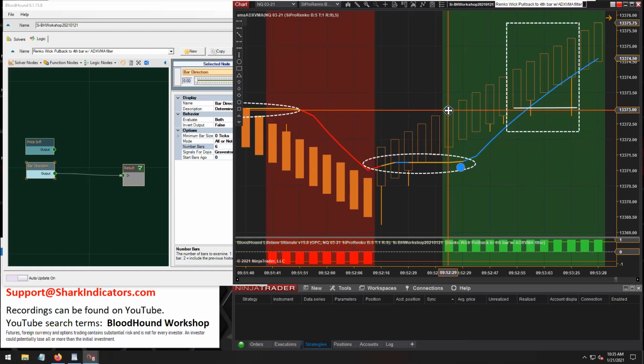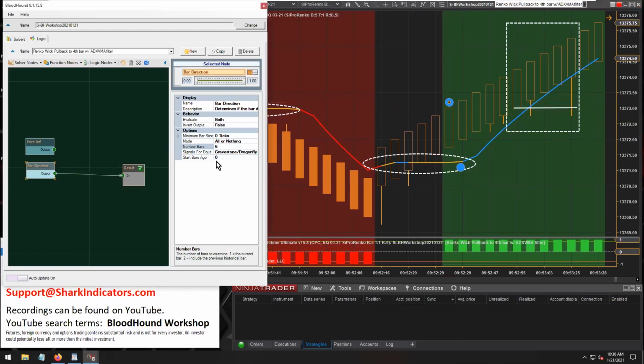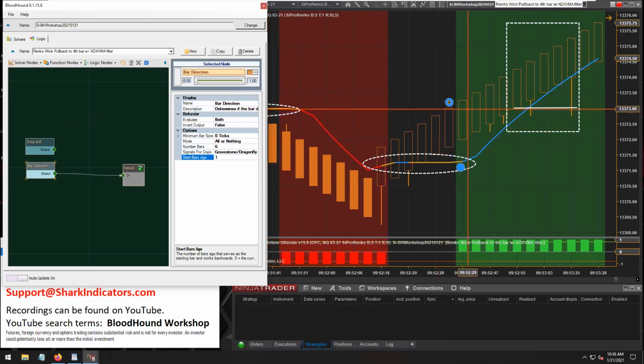So we need the long output from this closed bar, and with the bar direction solver, we can actually use the start bar as a go and set it to 1. What that does is, you can see, our output was shifted forward 1 bar.